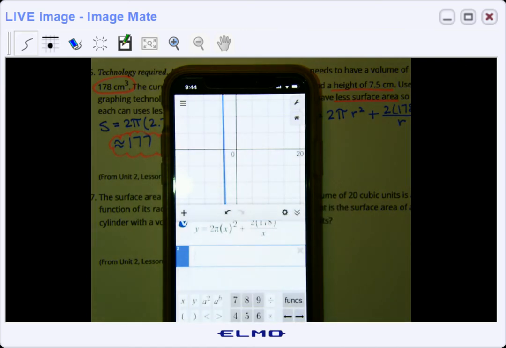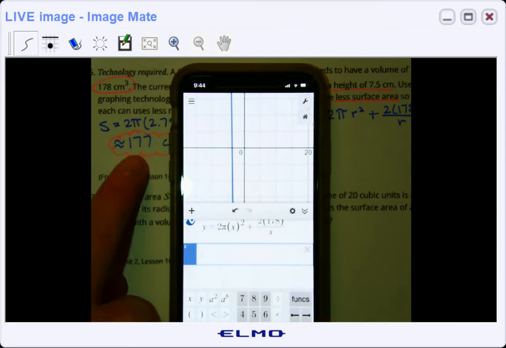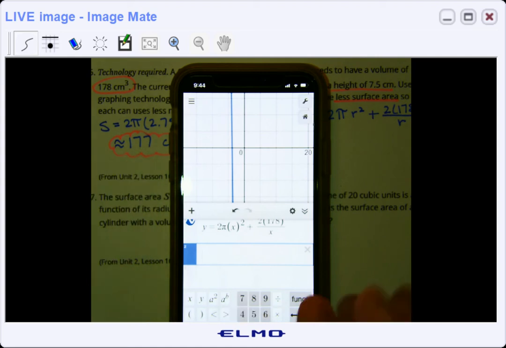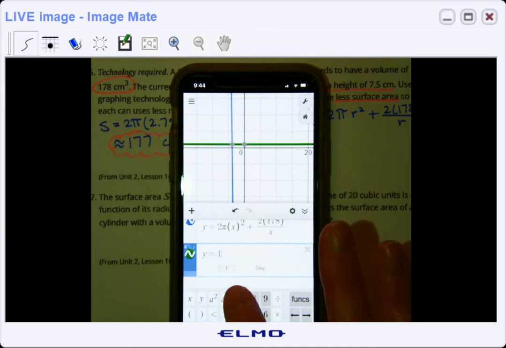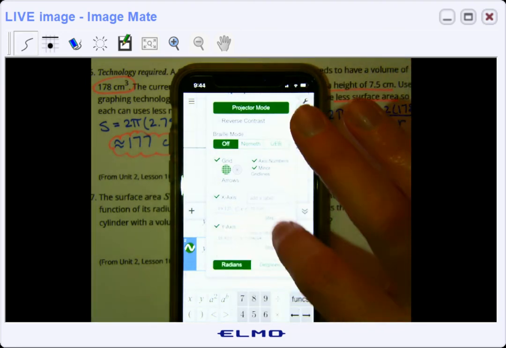I want a second equation because I know the current can design has a surface area of 177, and we're trying to get smaller. So Y equals 177. Now I'm going to change my tools here.